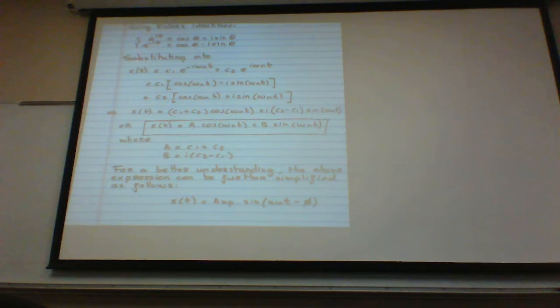All right. So I don't have space to do it, but this would be the expression, where, so I say, the amplitude is equal to the square root of A squared plus B squared.